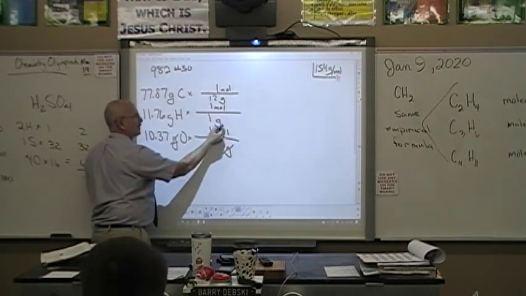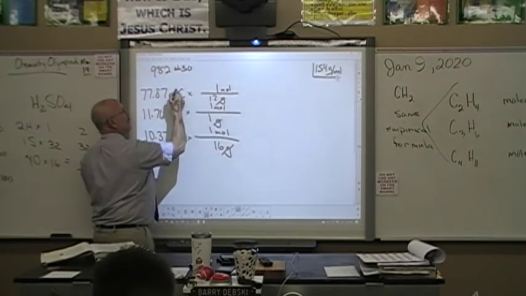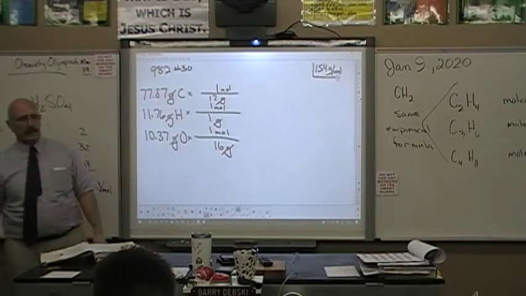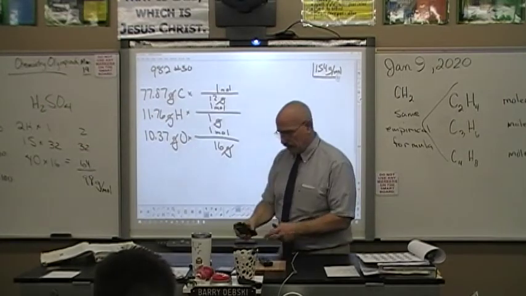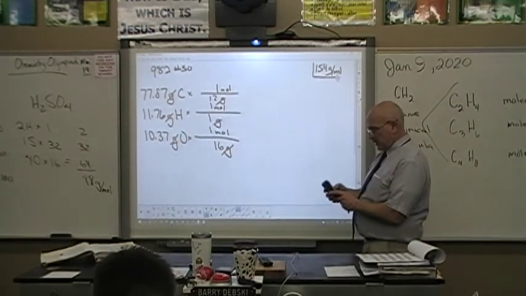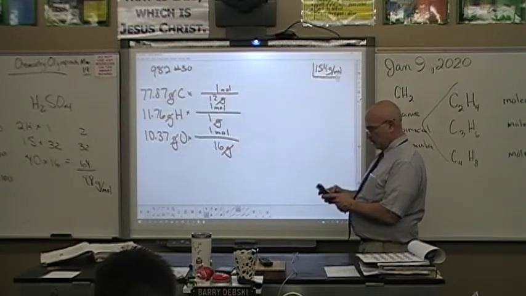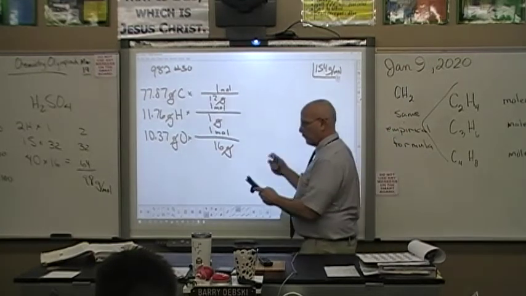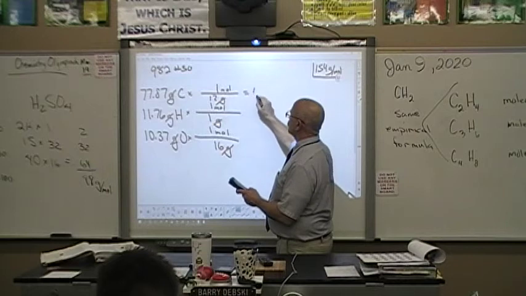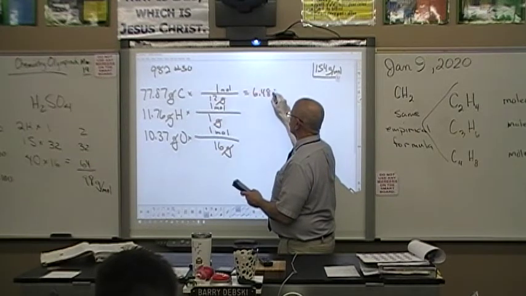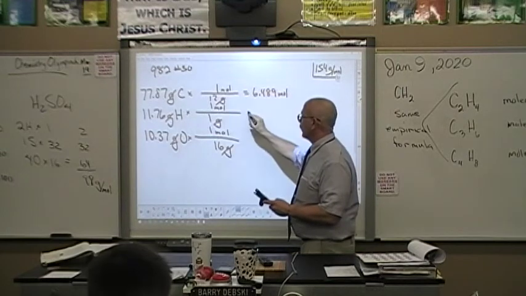If you ever get stuck, because there's a lot of writing on your page here, make sure your grams are in the denominator. Get your old calculator out and divide these. 77.87 divided by 12 is 6.489. Interesting. That's really close to 6.5, but right now I'm going to wait and see.